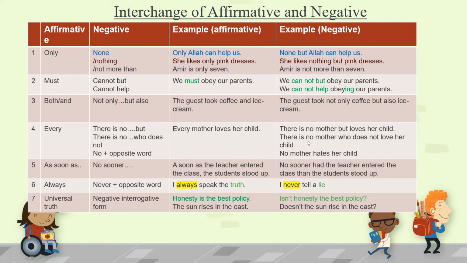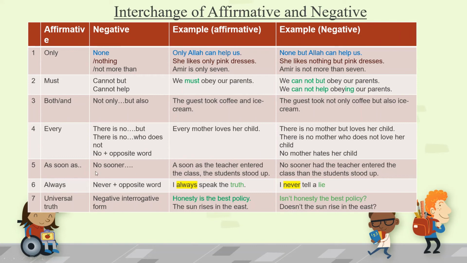Second one is there is no mother who does not love her child. And finally, no mother hates her child. Although structurally they are different, these three sentences give the same sense.